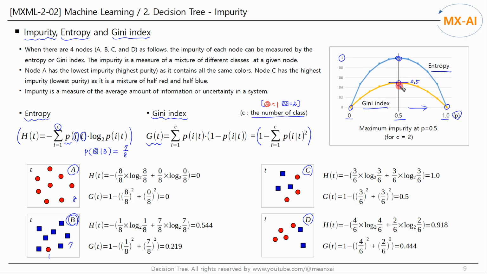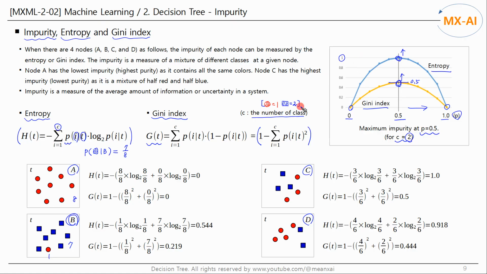That is, the impurity is maximized when red and blue data points are equally mixed at node T. These maximum values correspond to the case where the number of classes is 2. These values increase when the number of classes is greater than 2. We will discuss this later in the multi-class session.